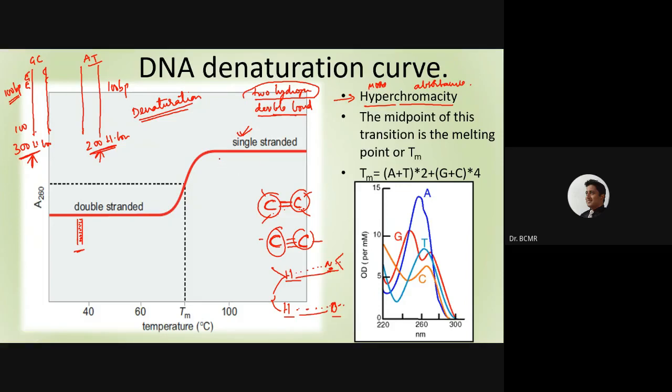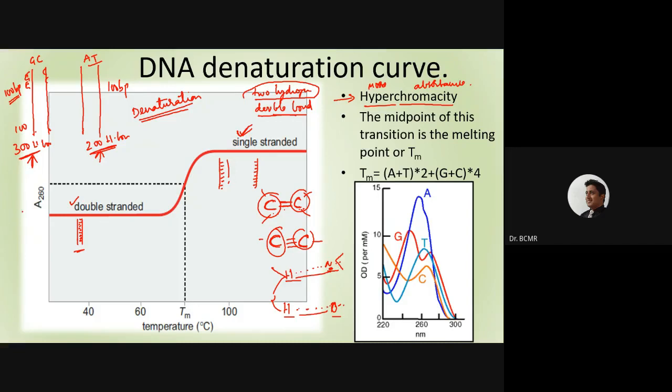Whereas if they became single-stranded, they would have been something like this, separately, right? In that case, because now there are a lot more free, exposed groups that can absorb more of the light at that wavelength. So single strands always absorb more than the double strands. You have to remember this.